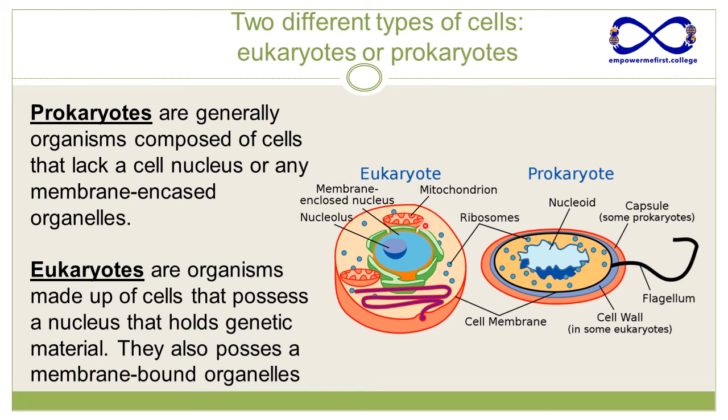On the other hand, eukaryotes, by definition, are organisms made up of cells that possess a nucleus that holds genetic material. They also possess membrane-bound organelles. When I say genetic material, I refer to so-called DNA.